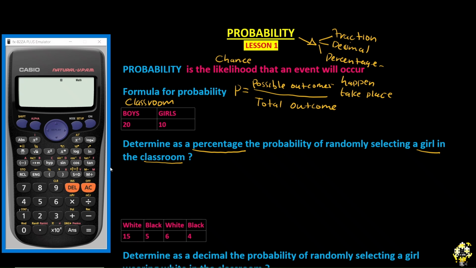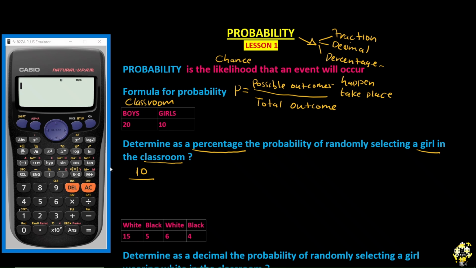So now, remember we said P is equal to the possible outcomes over the total outcomes. Possible outcomes is how many girls are in class. In class, we have 10 girls. That is what is possible. But in the entire classroom, what is the number of learners?